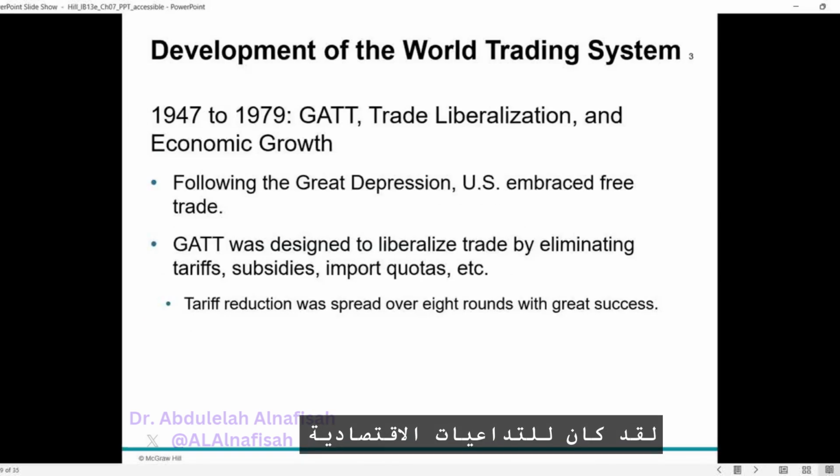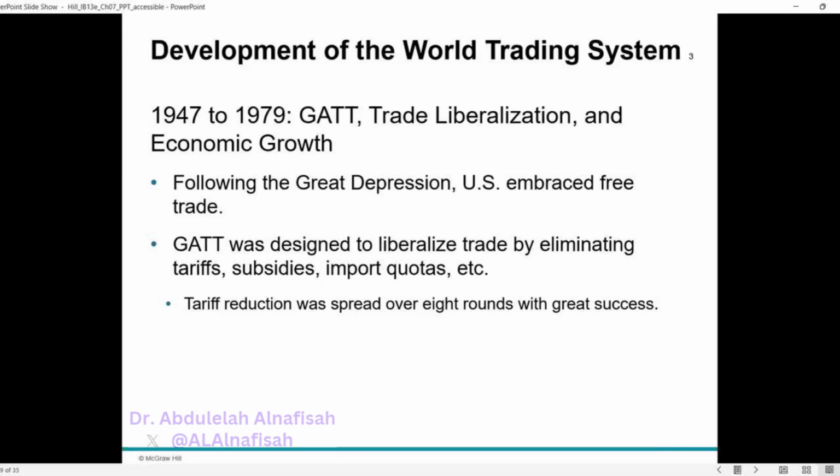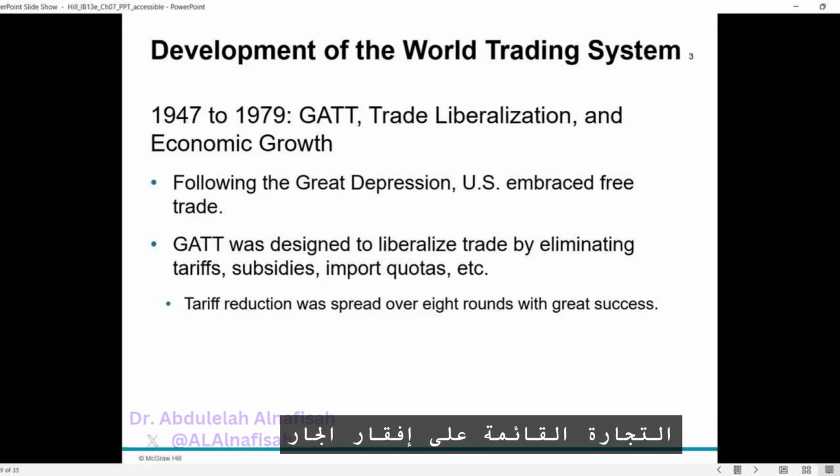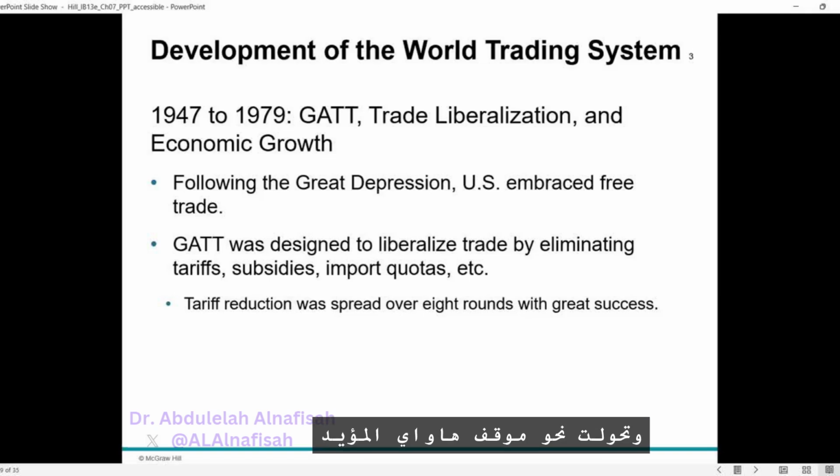The economic repercussions of the Smoot-Hawley Act's beggar-thy-neighbor trade policies deeply impacted post-World War II economic structures and beliefs. Following World War II, the United States, having emerged victorious and economically dominant, shifted towards a pro-free trade stance after the hardships of the Great Depression.